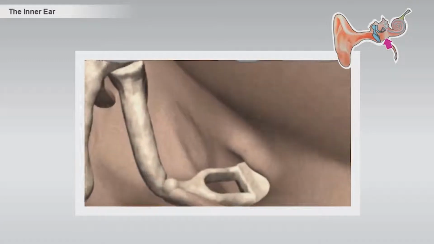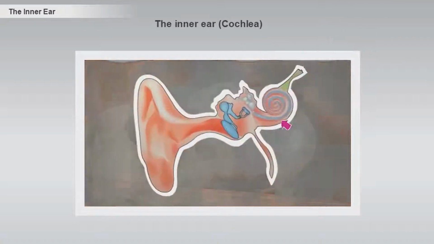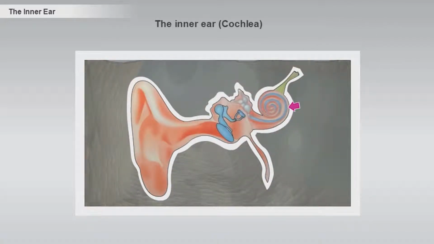The oval window forms the entrance to the inner ear. The inner ear consists of a snail shell-shaped structure with the Latin name cochlea. The cochlea coils about 2 3/4 times and has an unfolded length of 30 millimeters.